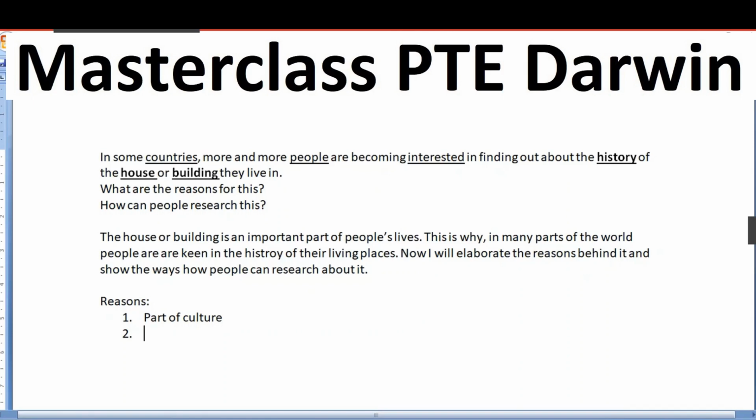Earlier, people had buildings built with friendly materials. In many countries, they built buildings with mud and bricks that were not harmful for the environment. Nowadays, we use harmful material. So from a scientific or environmental point of view, many people are studying buildings. Yeah, that can be done as well.